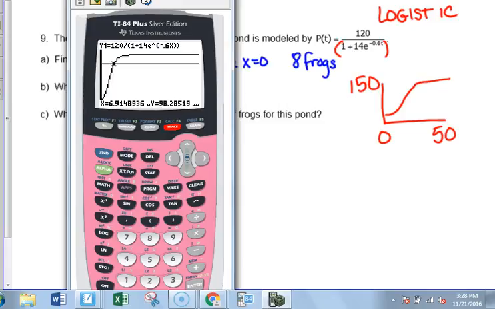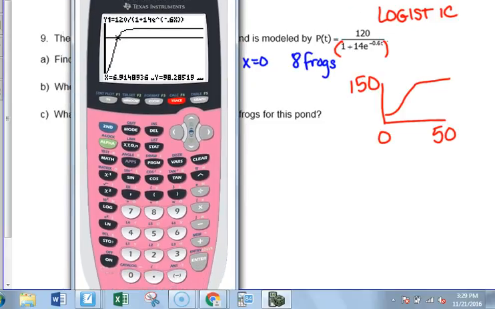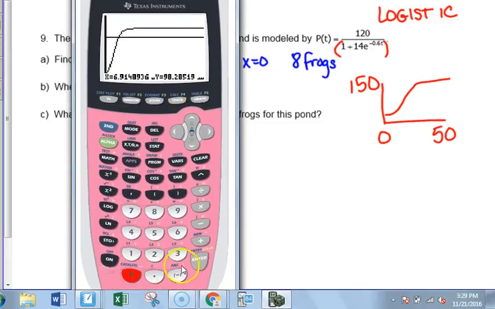The answer on the bottom says 24 frogs? I think the answer on the bottom is wrong unless you guys figure out what I did wrong. Yeah, same thing. It should be 8 frogs. Maybe I forgot the point or something.